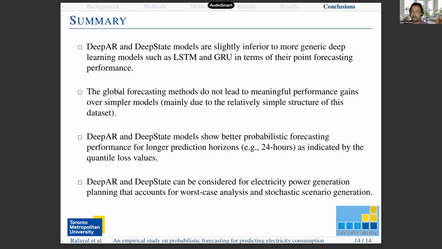DeepAR and DeepState models show better performance at longer prediction horizons, considering the quantile loss value. They can be considered for electricity power generation planning that accounts for worst-case analysis and stochastic scenario generation.